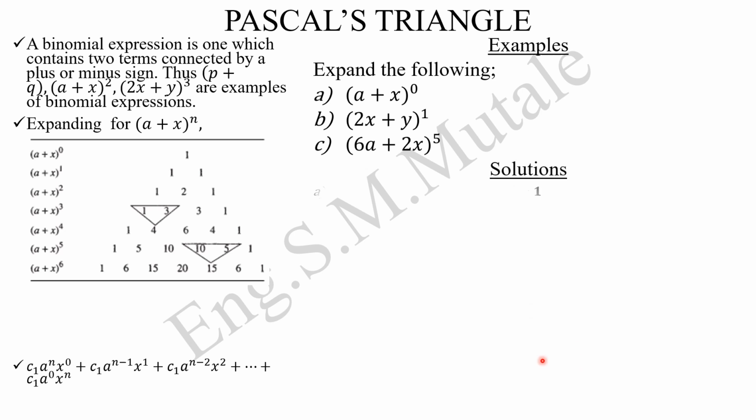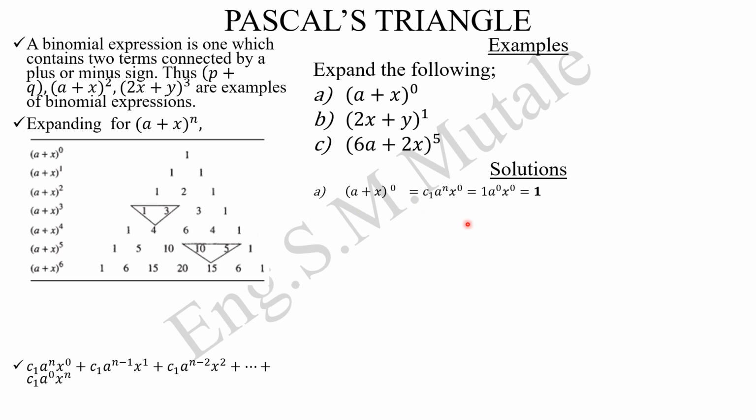So for the first one, a plus x to the power 0, we are basically following this expression. So we'll start with the first coefficient. a will start reducing from n until it goes to 0. Then x will be increasing from 0 until it reaches n. But as you can see, our n there is 0.